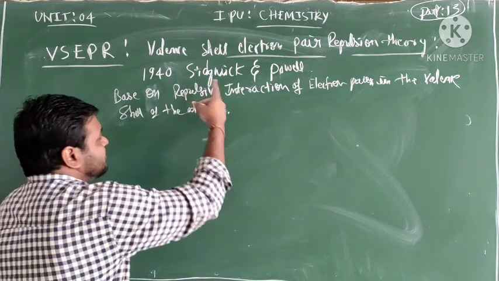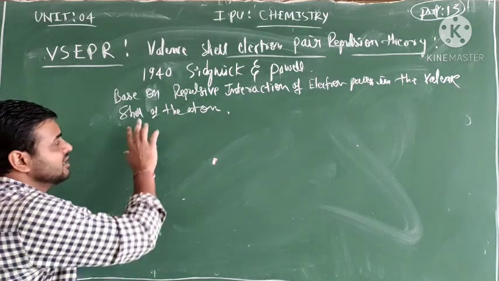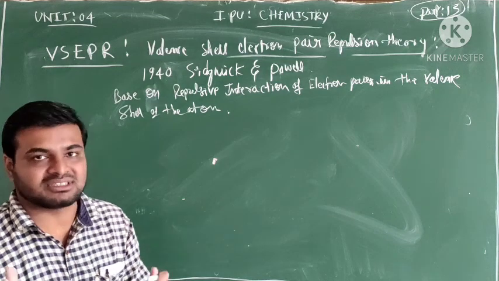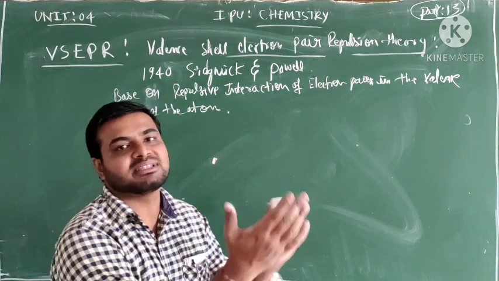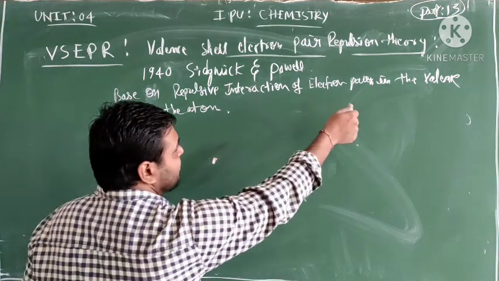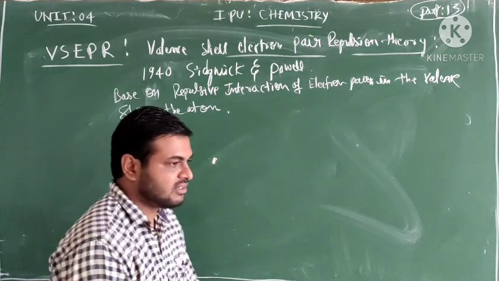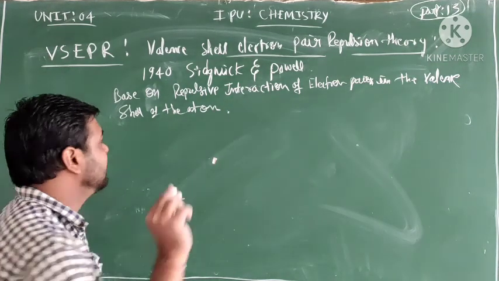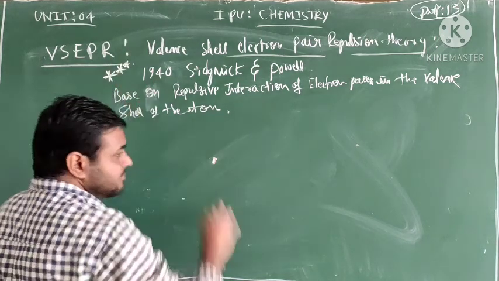The repulsive force between bond pairs or lone pairs, the valence shell electrons in the outer shell, is the basis for the explanation. It's very important for examinations. It's very important.